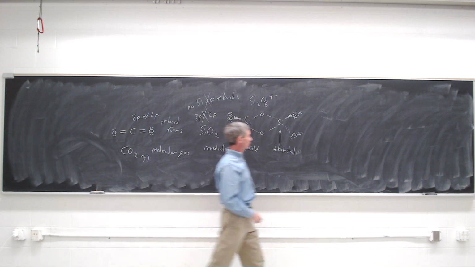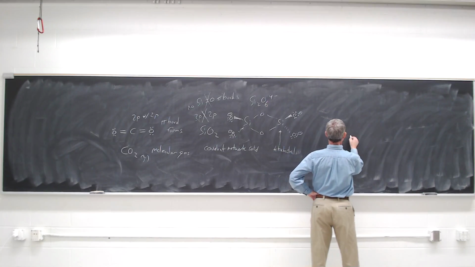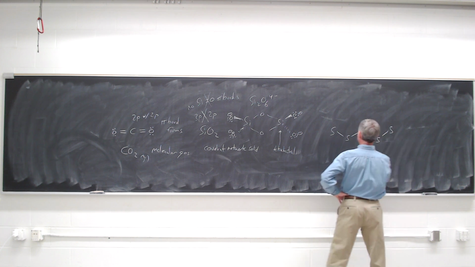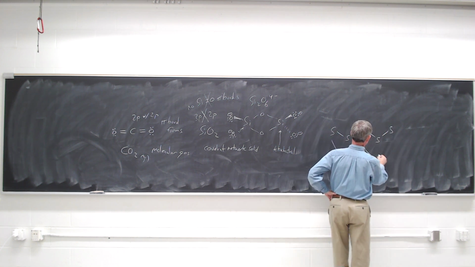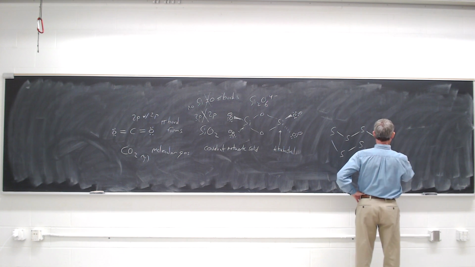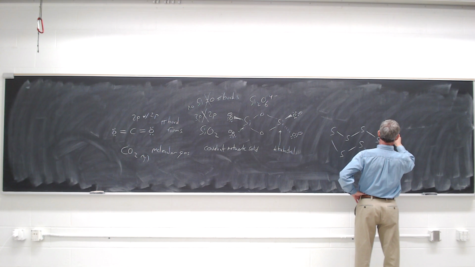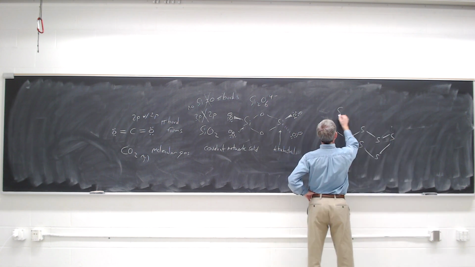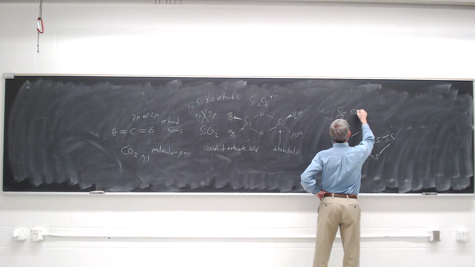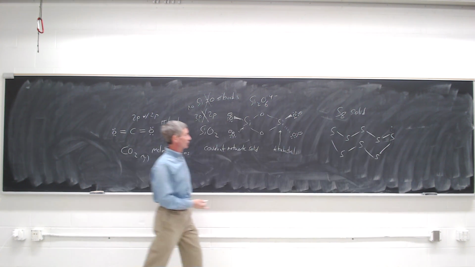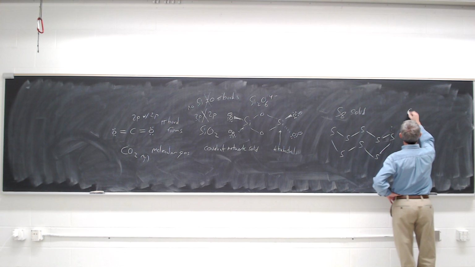You might also have talked about how 3p orbitals in general don't form very stable pi bonds, and that's why sulfur exists as S8 solid, whereas oxygen exists as O2 gas with a pi bond.